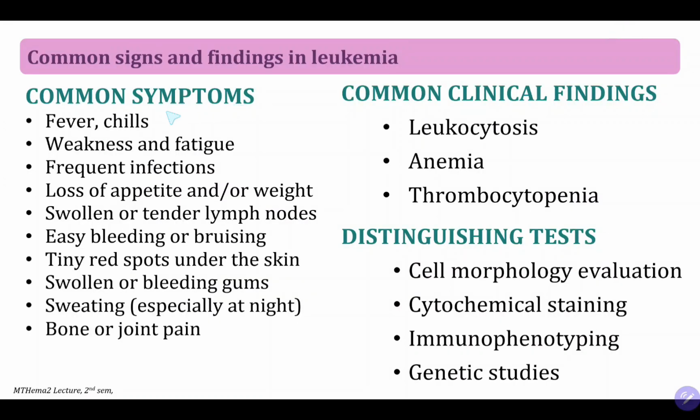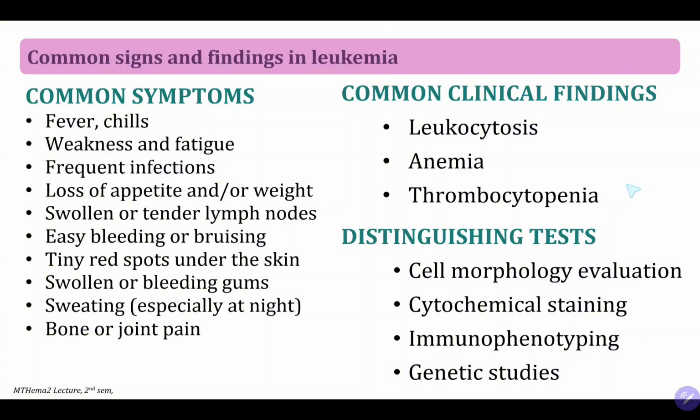These are the common signs and symptoms and clinical findings seen in all types of leukemia. Take note, since these are common, we cannot really determine what type of leukemia we have based on the symptoms and clinical findings alone. Usually, as the leukemia progresses, other cell lineages become affected, leading to anemia and thrombocytopenia.